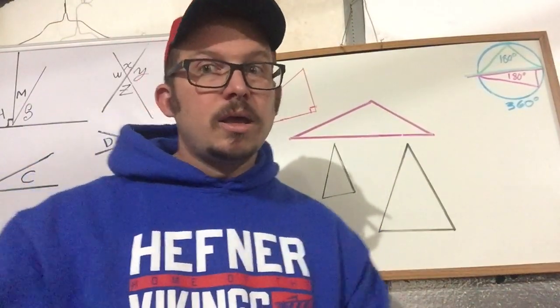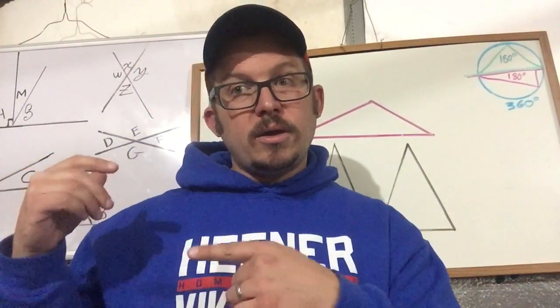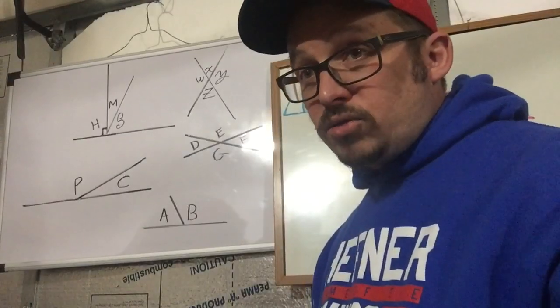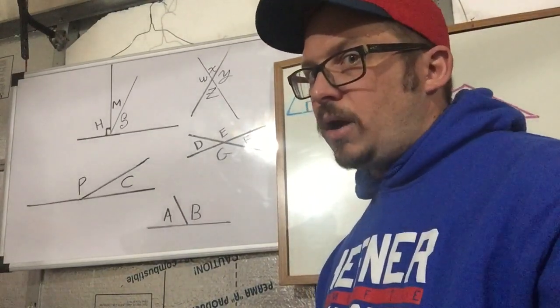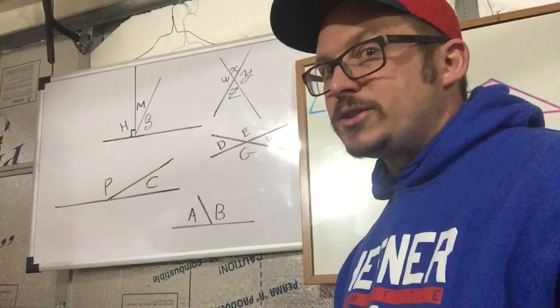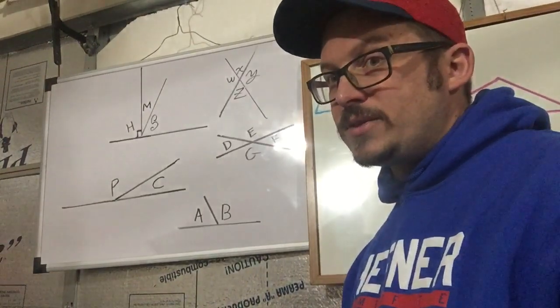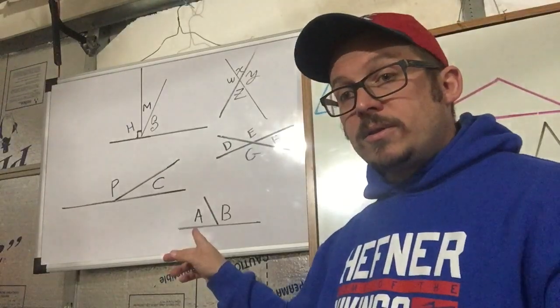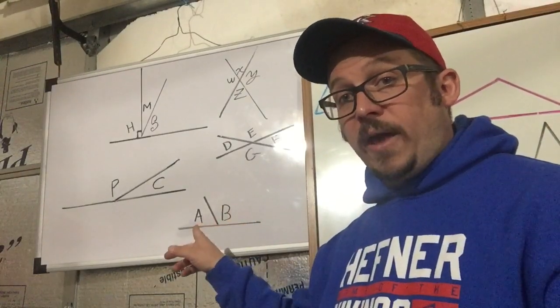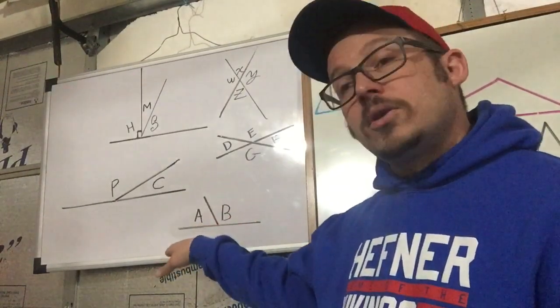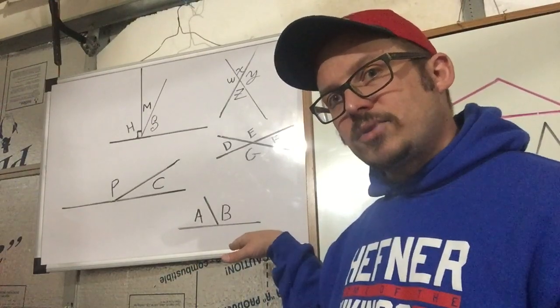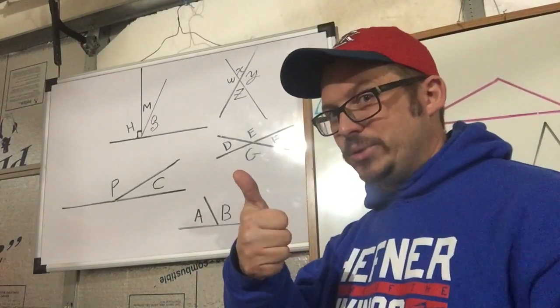Let's talk about the other kind of angles. When two lines cross each other, here in Math Garage, we know that there are special names for some of these intersections. You can add them together, like angle A and angle B. Notice that the bottom of that is a straight line. Cool stuff.